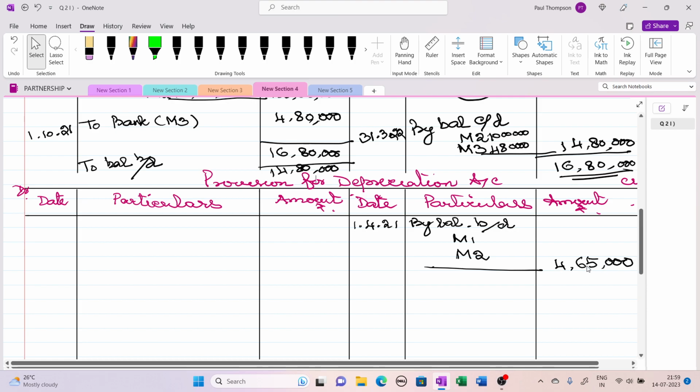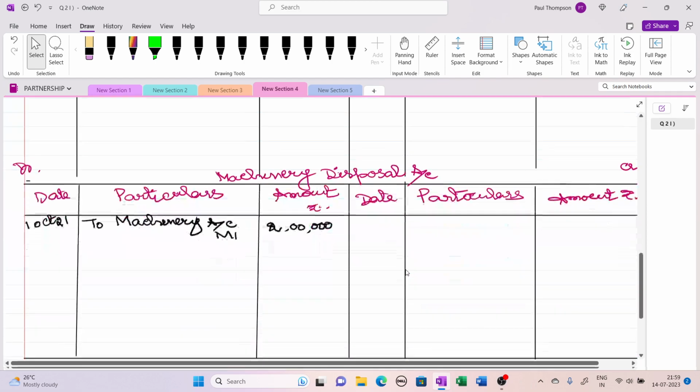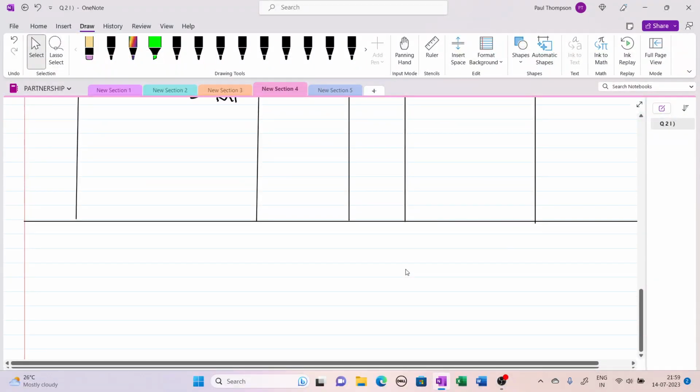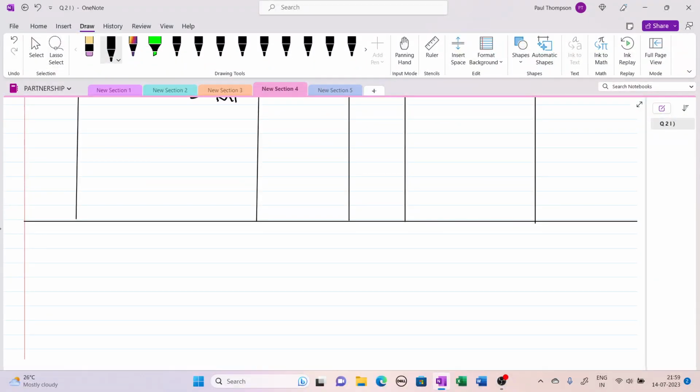After subtracting the depreciation of M1, we will automatically get the depreciation for M2. Hope when you do it, you will be able to understand. So now we are going to do one working note.